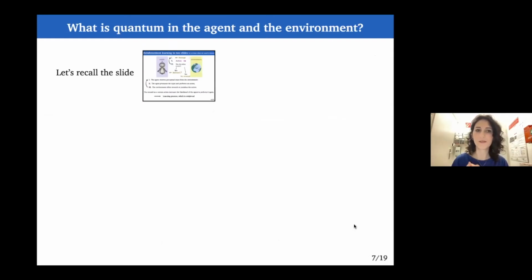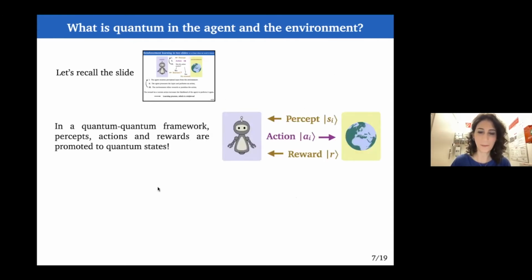But now the question is, what does it mean that we quantize the agent or we quantize the environment? So what is quantum? If you remember this slide, where I explained how reinforcement learning works and the steps, of course, this is very basic. I'm really trying to give a simple picture about this. What happens in a quantum framework is that percepts, actions, and rewards are promoted to quantum states. And what does this mean?